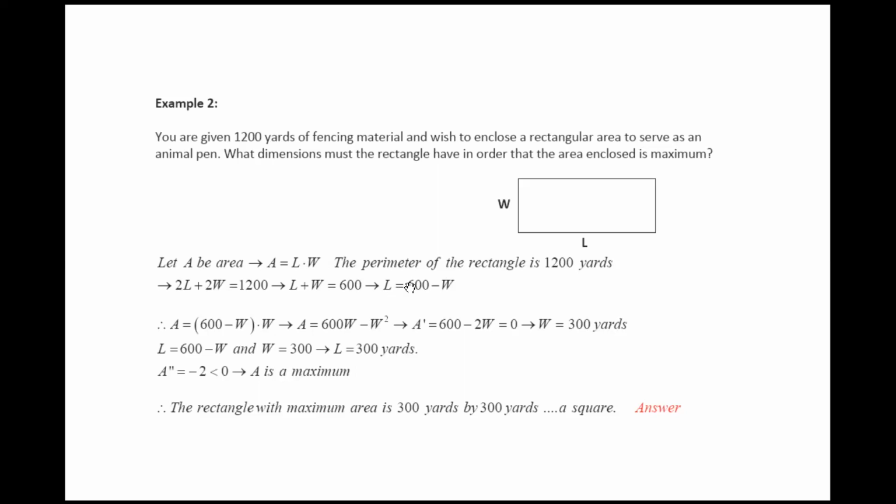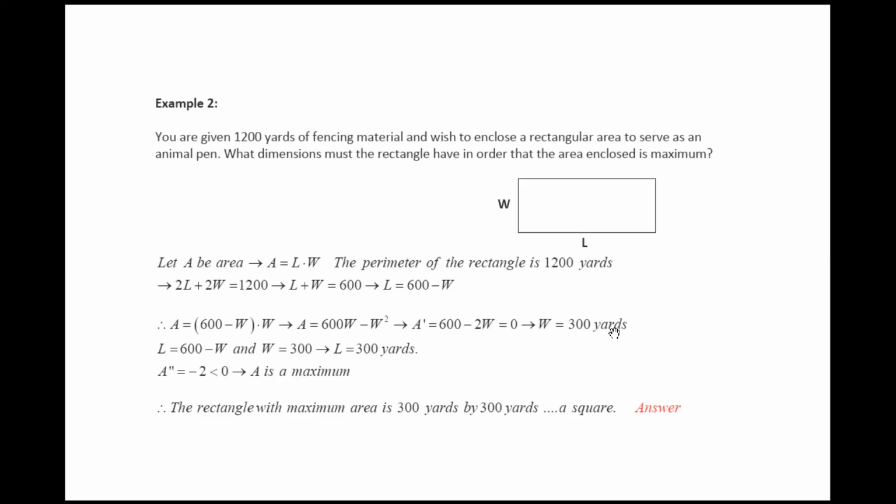But since we have solved for L, we'll go to this expression, and in the place of L, we're going to put 600 minus W, which you see here, times the W. Again, we're not going to use the product rule. We're going to multiply this out. This is 600W minus W squared. Take the derivative, that's 600 minus 2W, set it equal to 0.